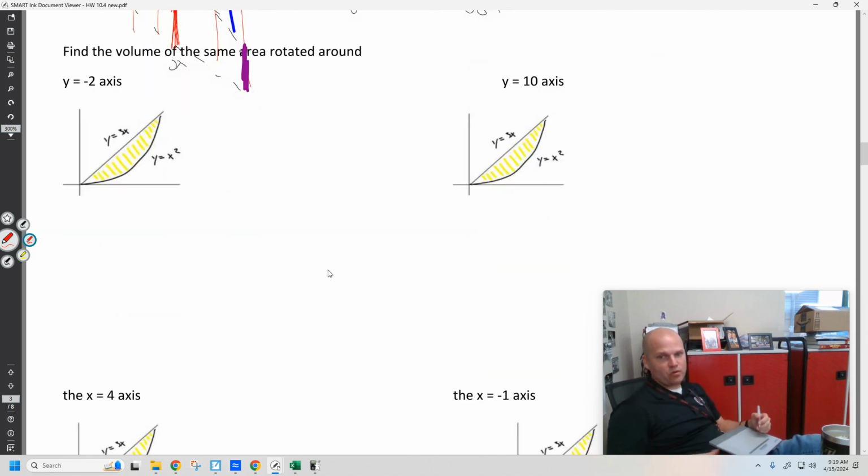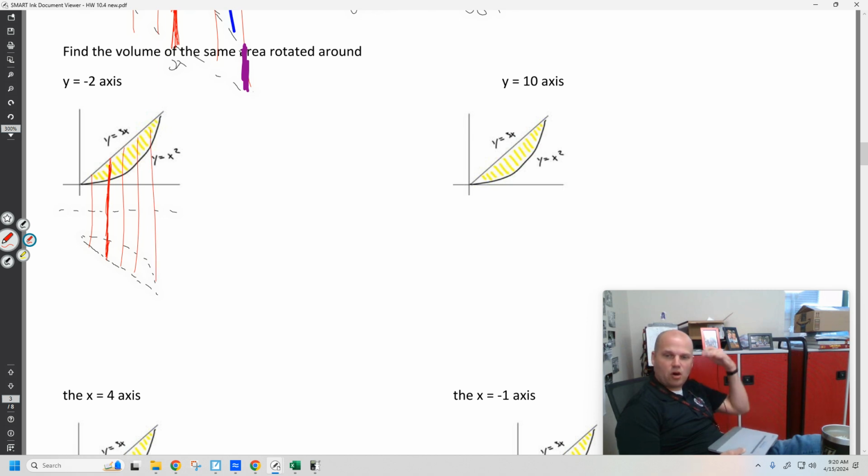What happens if we revolve things around different lines, like y equals negative 2? Well, all of a sudden, our radiuses need to get adjusted. I'm going to show you the two integral approach and then the one integral approach. Here we go. Let's go all the way to the outside. This is my red cylinders. Sum up all of my red cylinders.